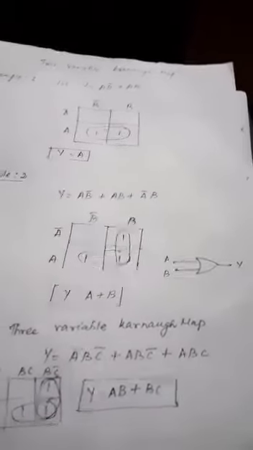Here is one example for this. Y is equal to A bar B C bar plus A B C bar plus A B C. So this is the expression we want to solve now. Now listen how we put the graphical representation of the Karnaugh map.